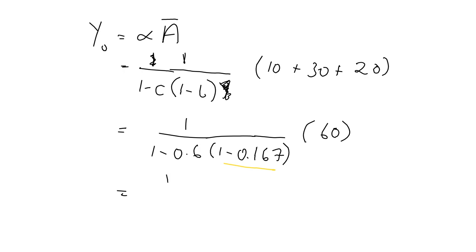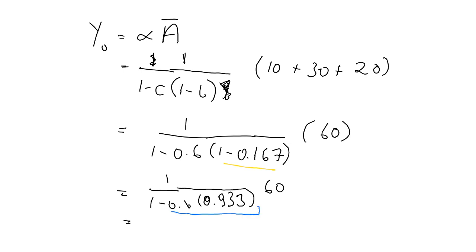So now that's 1 over 1 minus 0.6 multiplied by 0.833, still multiplied by 60. Now in this case, we take the second bit, which is multiplying these two together.